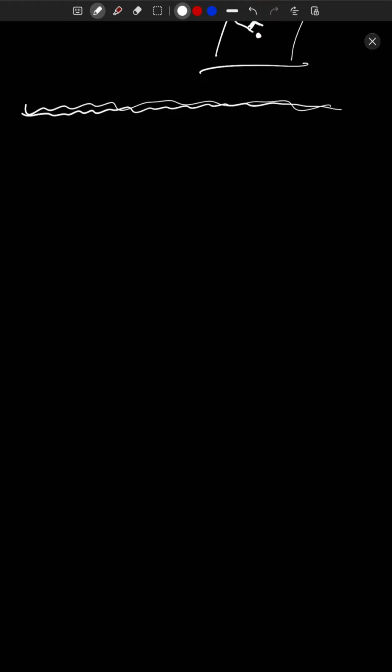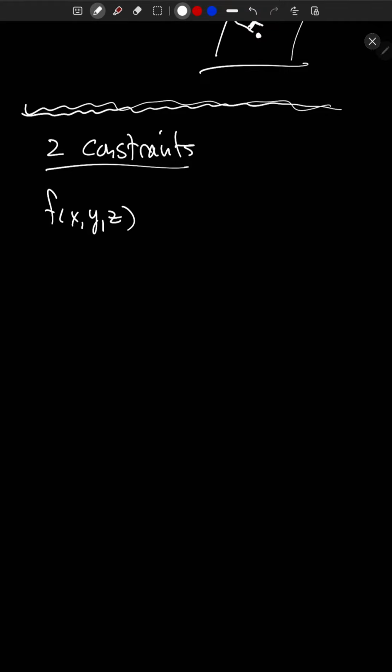All right, so our final mini topic here is two constraints. Obviously, you can have more, but let's restrict ourselves to 2. So what if we want to optimize f of x comma y comma z, but we have 2 constraints, all right, with 2 constraints.